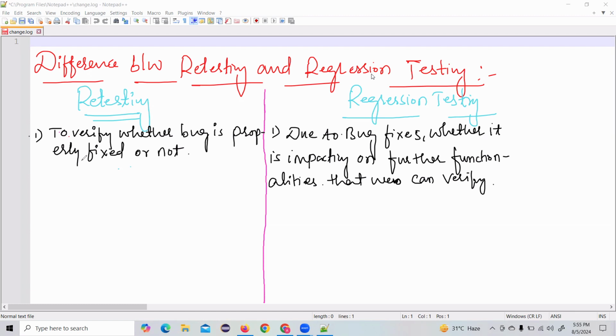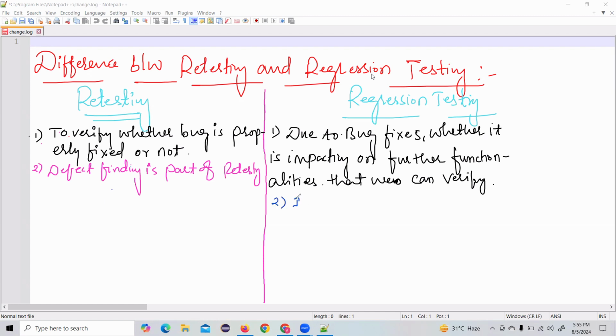So can I write here? Good. So copy this second point. Defect finding is part of retesting.